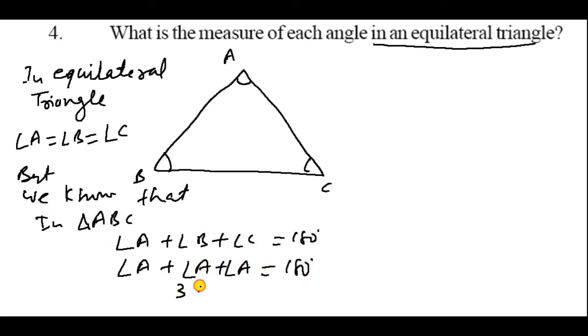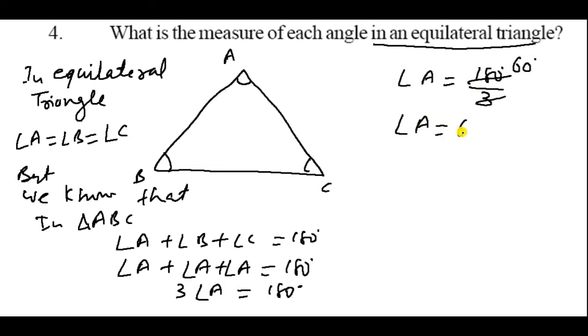So we can say 3 times angle A is equal to 180 degrees. So angle A is equal to 180 degrees divided by 3. 3 sixes are 18, so angle A is equal to 60 degrees. So you can say angle A is equal to angle B is equal to angle C, that is 60 degrees. So that is your answer.